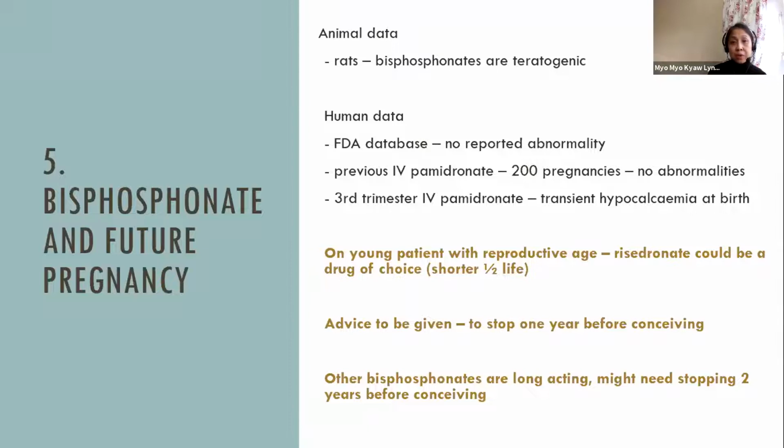Alternatively, some patients don't meet the criteria to give denosumab. Bisphosphonate as a secondary prophylactic treatment is fine. But if the patient hasn't had any fractures and you're using it as primary prevention, then you need a very high T-score.